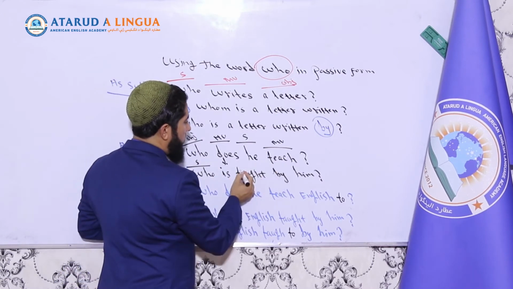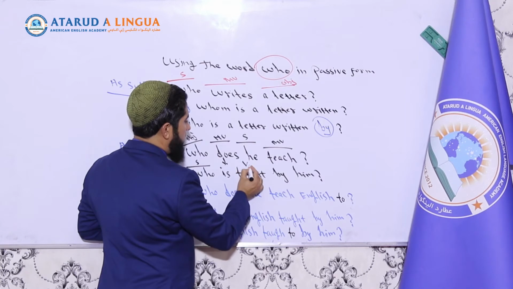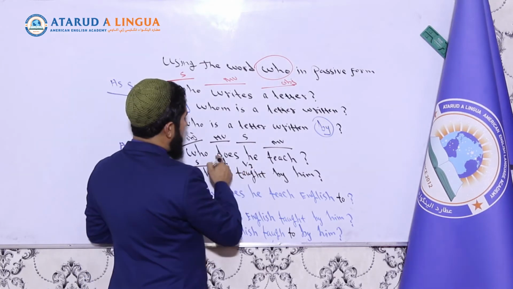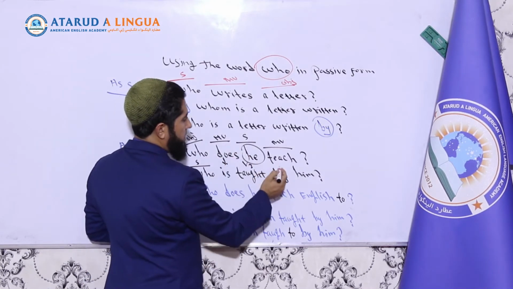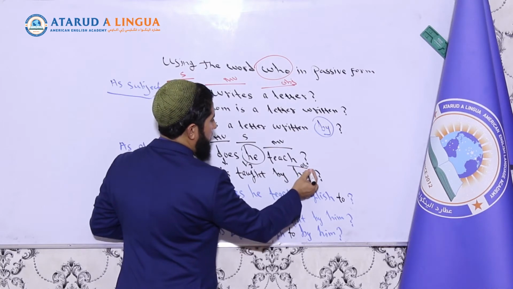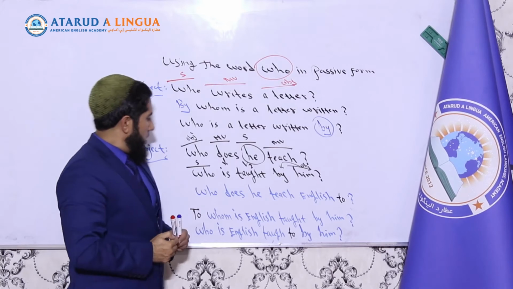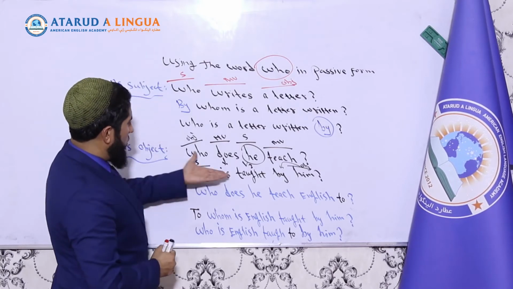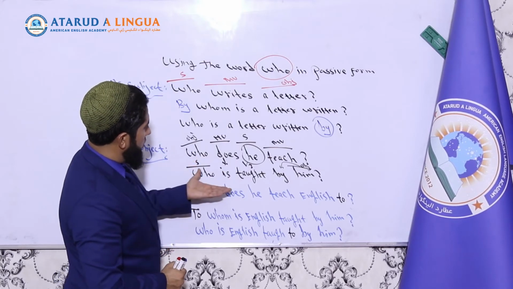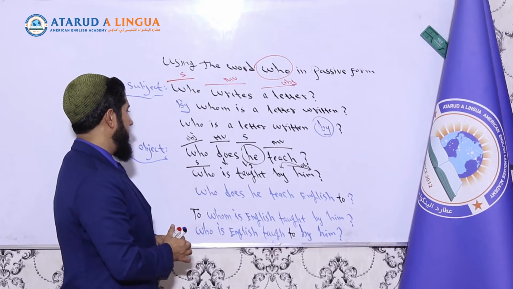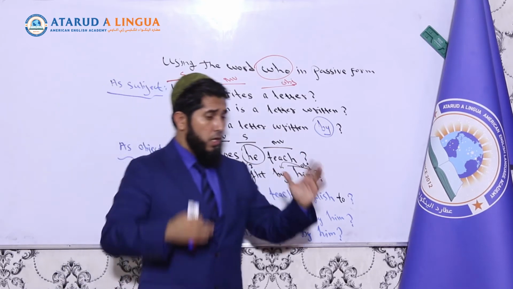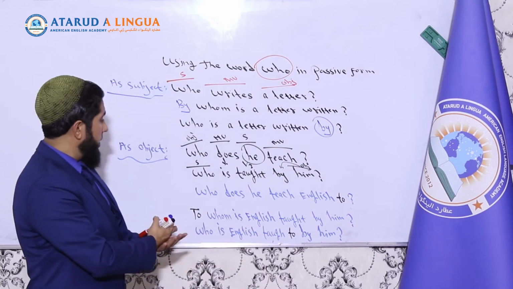And the main verb form is changed to past participle or third form. And the subject of the active sentence becomes the object of a preposition or an agent of the subject. Okay, so now who does he teach English? Who does he teach? And who is taught by him?